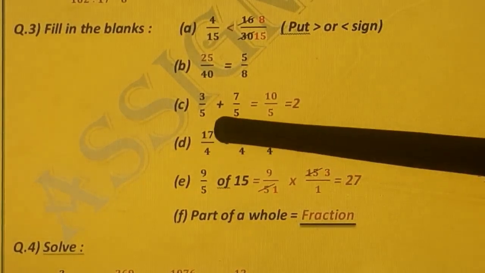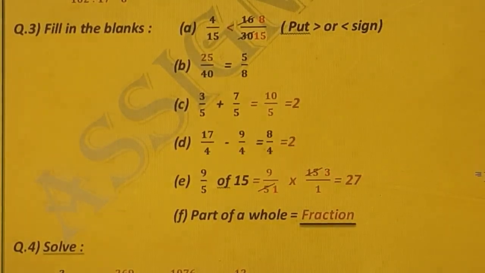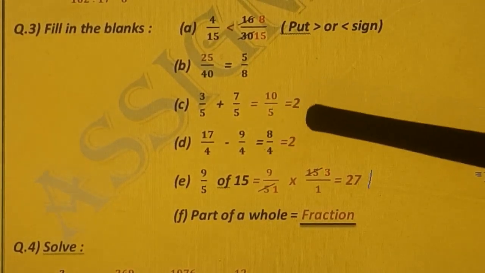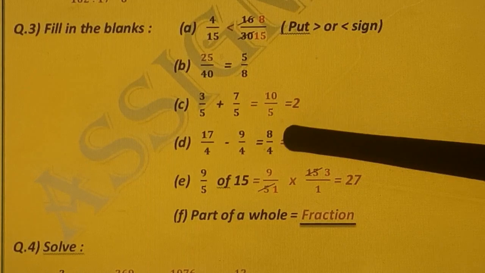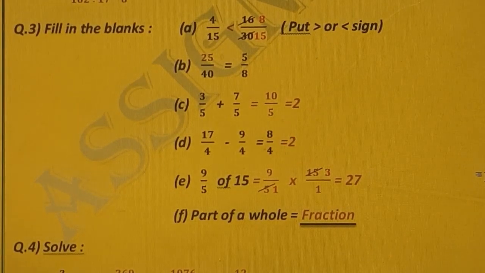So if you are getting a question like 17 upon 4 minus 9 upon 4 is equal to dash, then you have to write down the answer 2 in the fill-up, not 8 upon 4. Okay. 8 upon 4 is not our answer. 8 upon 4 is, after cancellation with 4, 4 1s are 4, 4 2s are 8. So after cancellation with 4 we get the answer 2.